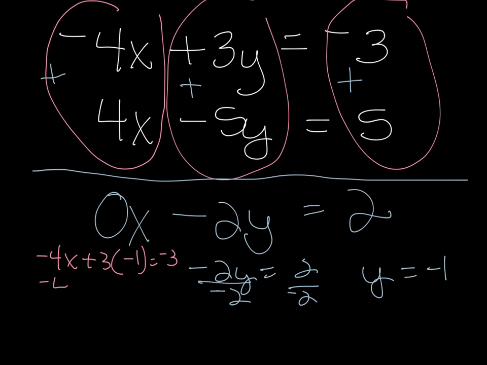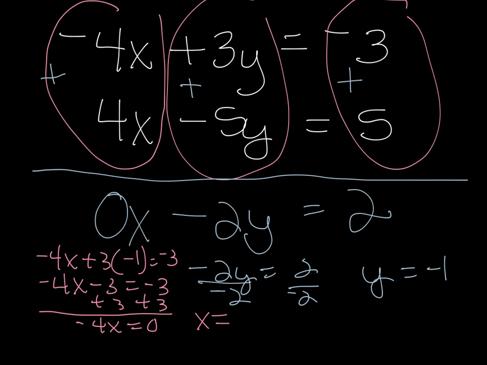So that gives me negative 4x minus 3 equals negative 3. Add 3 to both sides. We get negative 4x equals 0. Divide both sides by negative 4 and we get x is 0. So my answer to this problem is 0, negative 1.